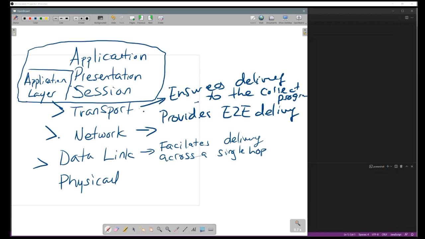But that assumes that it gets to the correct machine, of course. The network layer is what provides the service of getting to the correct machine, and to get to the correct machine, you have to jump through many different links. That's what the data link layer provides. It provides you the ability to hop through a single link successfully.